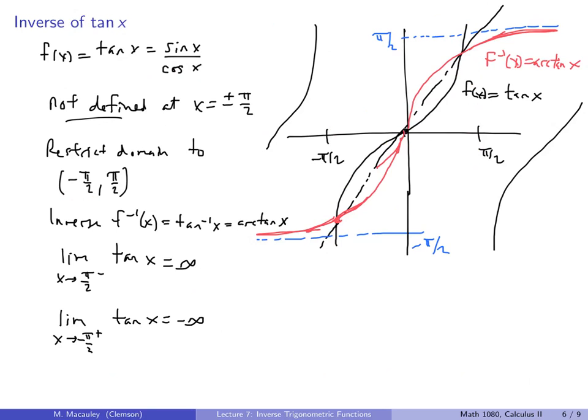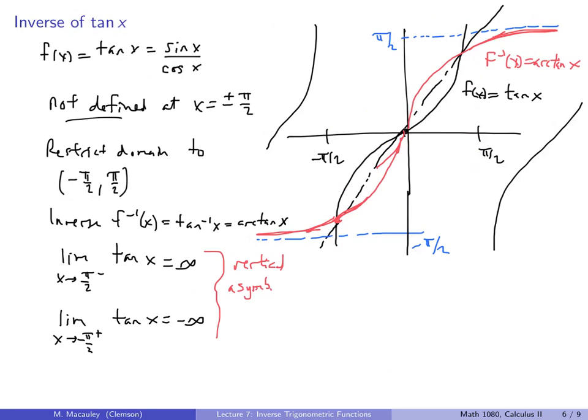So these things here are vertical asymptotes, and I'm just going to leave it abbreviated because I'm not 100% sure I can actually spell asymptotes.